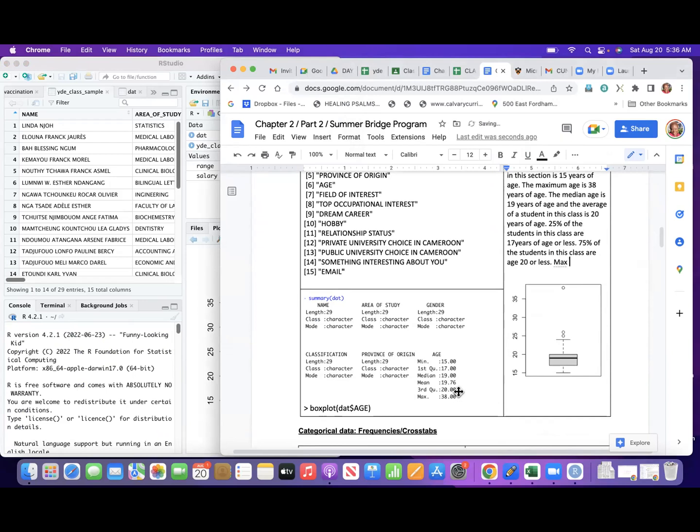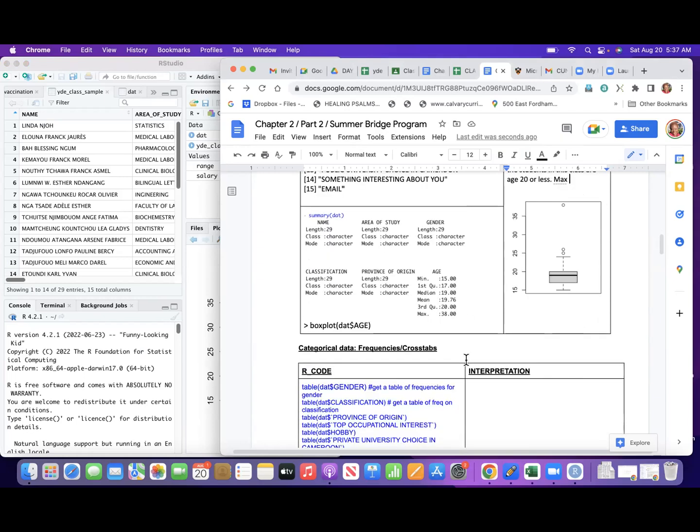What is the max telling me? And come back. You plug in the code, you interpret, and then you come back.